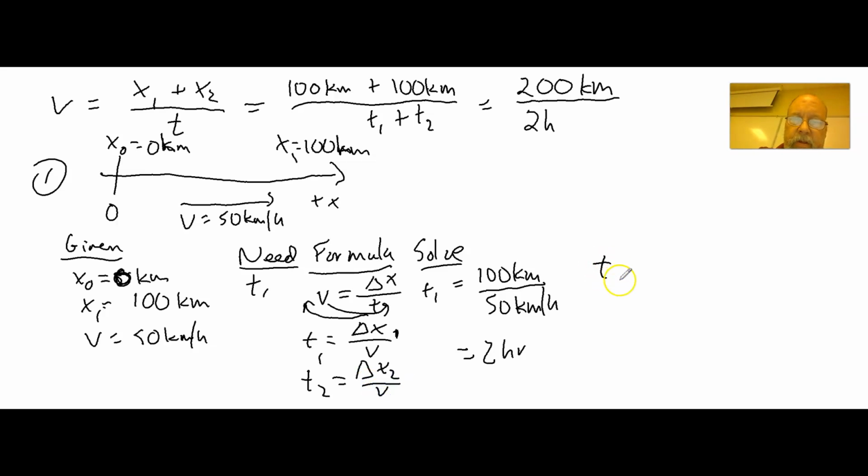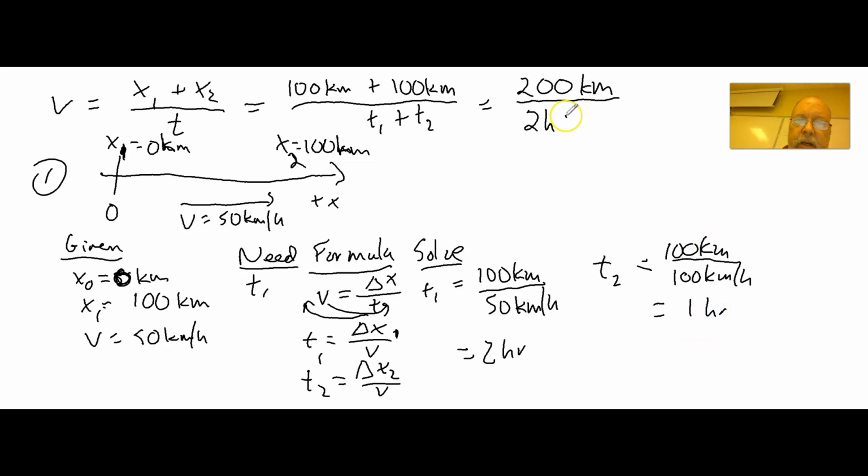I know that I'm going another 100 kilometers, so x1 equals 100 kilometers and x2 equals 200 kilometers, but the change is 100 kilometers. So I have another 100 kilometers divided by 100 kilometers per hour, and that's going to give me 1 hour.